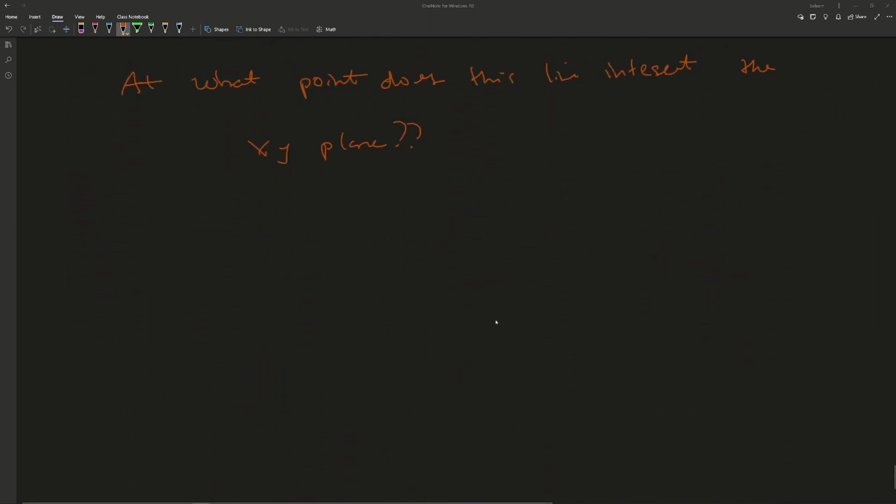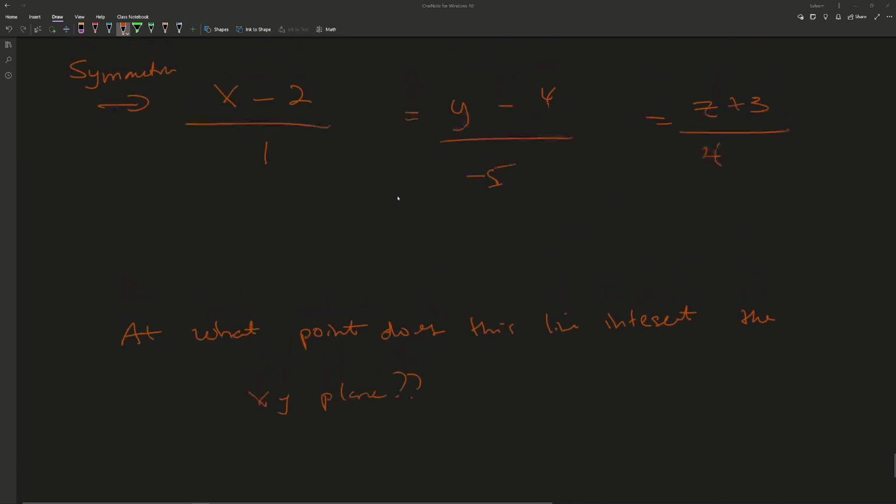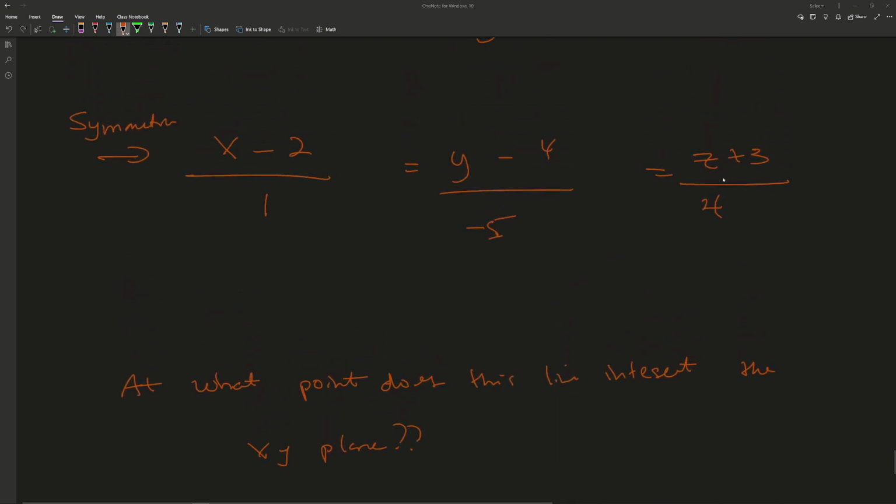So let's scroll down. If it was another plane, maybe xz or something like that, then we would set something else to be equal to 0. So if we put z is equal to 0 here, then what happens? This here turns into 3 upon 4 because z is equal to 0.